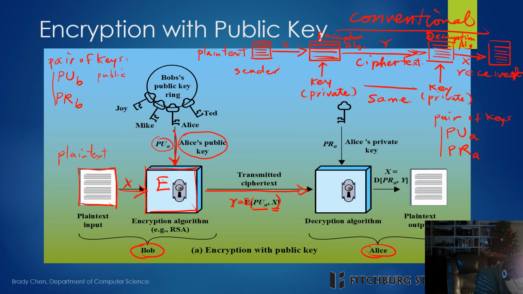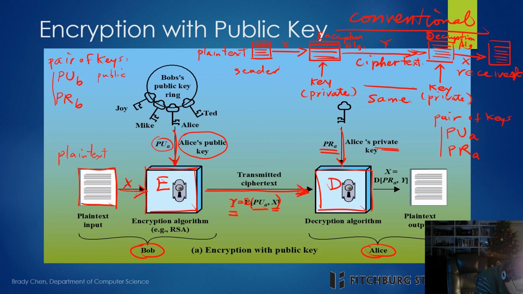Now when Alice receives the Y, which is the ciphertext, Alice can use her private key and the ciphertext sent by Bob, and then use the decryption algorithm.